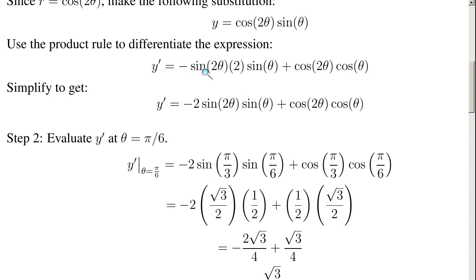So we have negative sine 2 theta times 2 times sine theta. That's the first part of the product rule. The second part is to leave this as is and take the derivative of this part. So we have plus cos 2 theta times cos theta. Then we simplify to get y prime equals negative 2 sine 2 theta sine theta plus cos 2 theta cos theta.